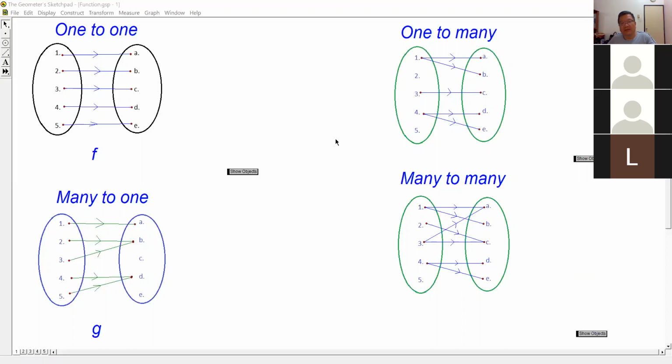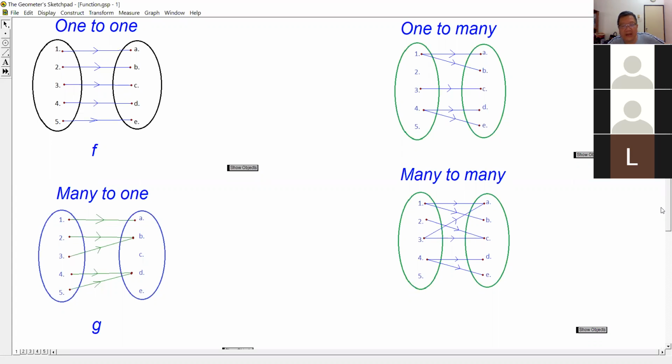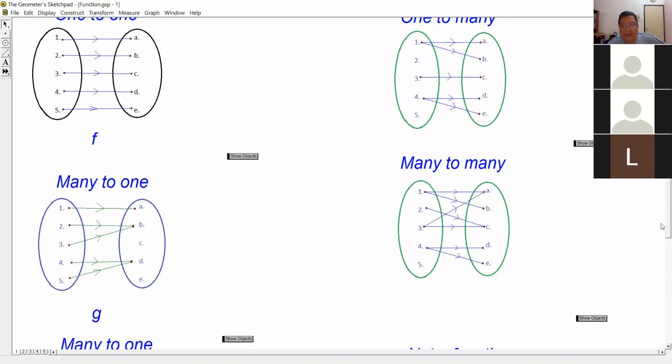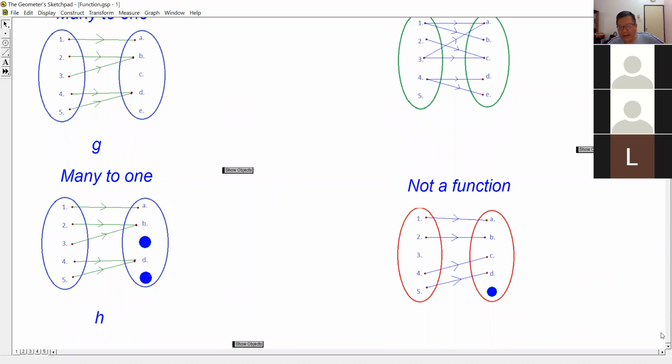So you look at function. In order to be a function, it has to be either one to one or many to one. One to many, many to many, they are not functions. Okay, not so far. Any corrections? Did I say anything? No, right.